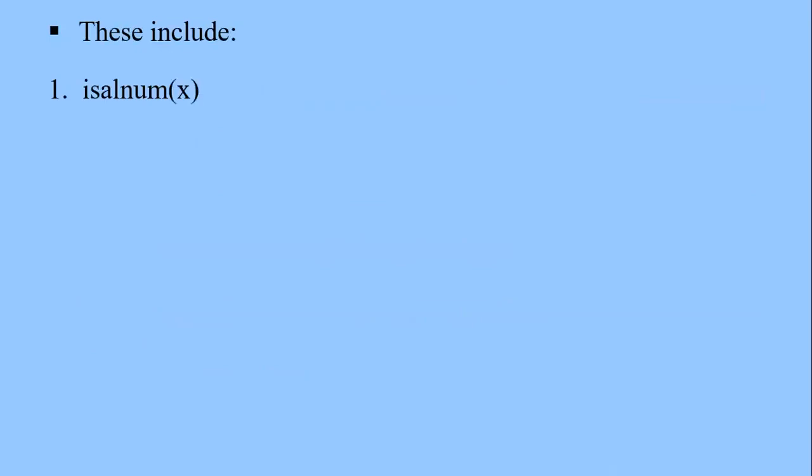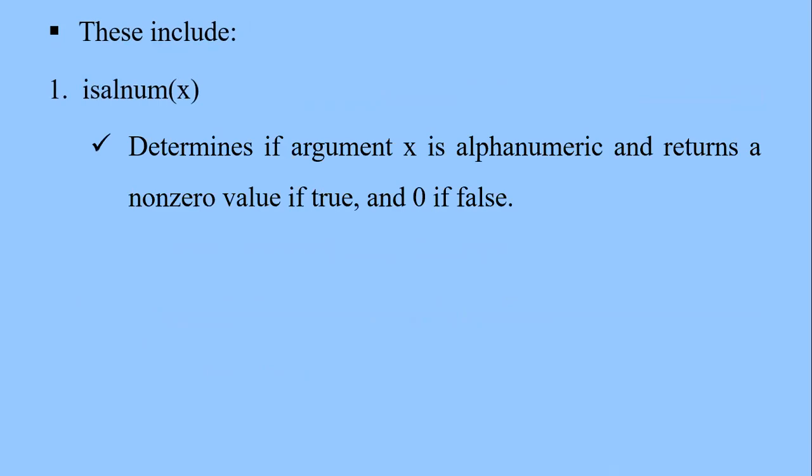So such functions include isalnum(x). It determines if argument x is alphanumeric, that is, that a variable or constant is alphanumeric, and returns a non-zero value if it is true and a 0 if false. isalpha.